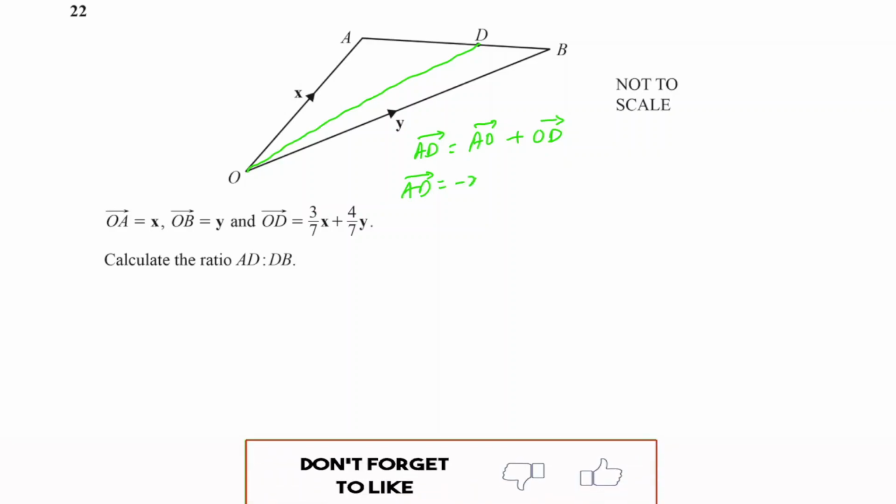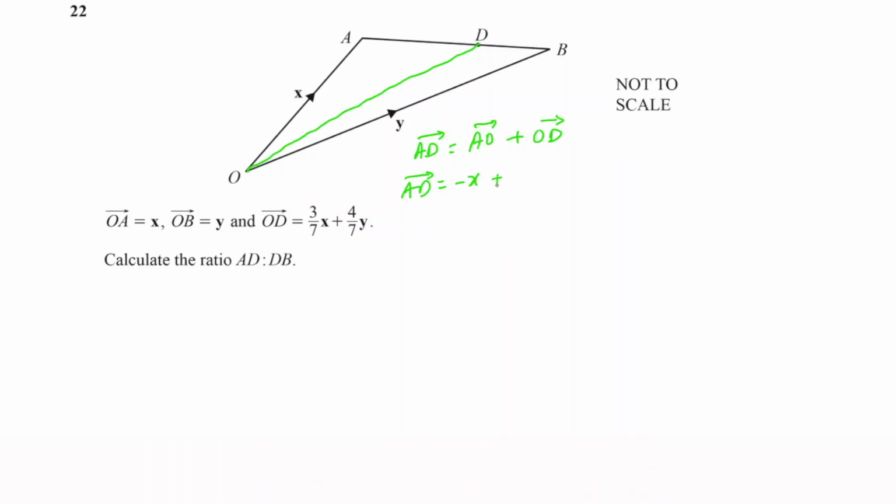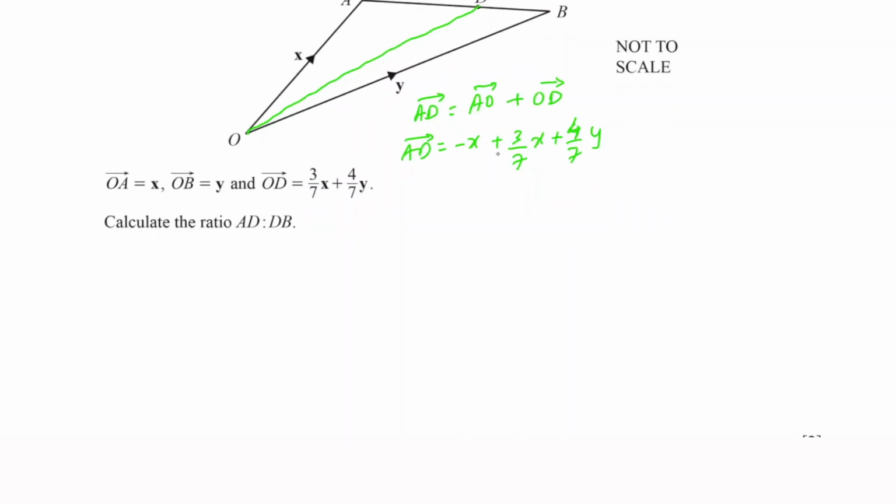AO is minus x, because we are going opposite to x, and the OD vector is already given, 3 by 7 x plus 4 by 7 y. Because these two have x, I'll solve that with the LCM method or cross multiplication, anyone will work. Cross multiplication or the LCM method, both work.